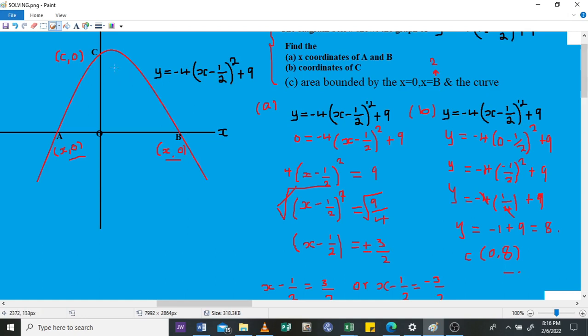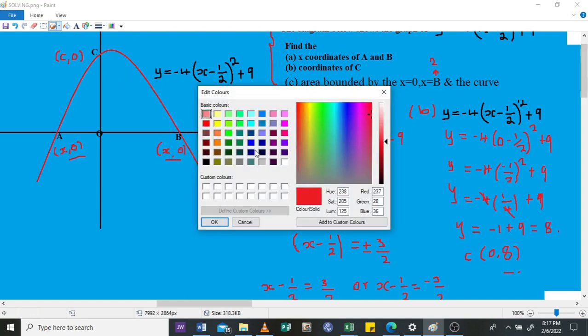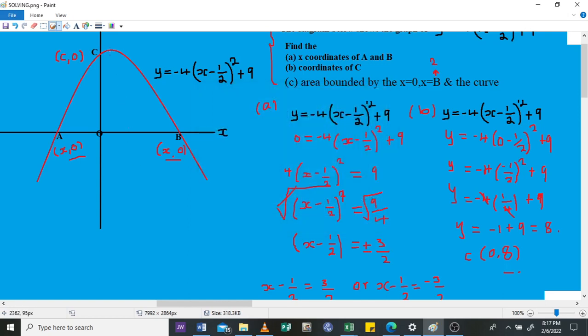Now we can just identify that area. Let me use a different color so that we can see that area. Let's use pink. So this is the area we want to calculate.